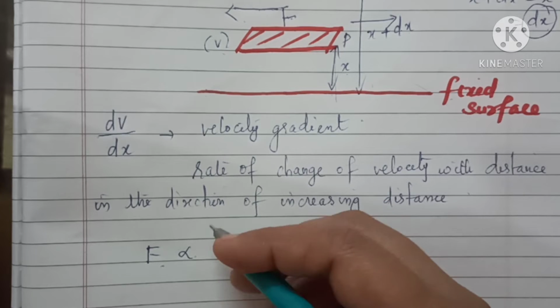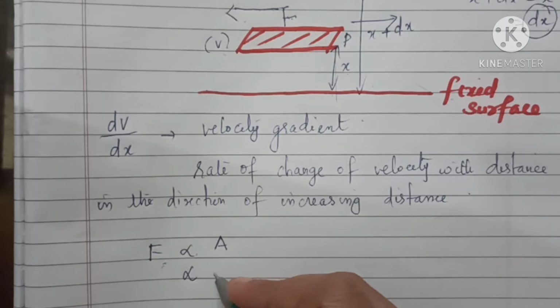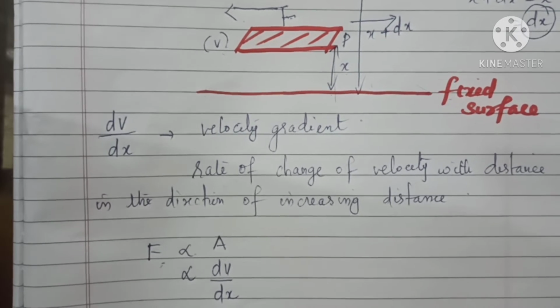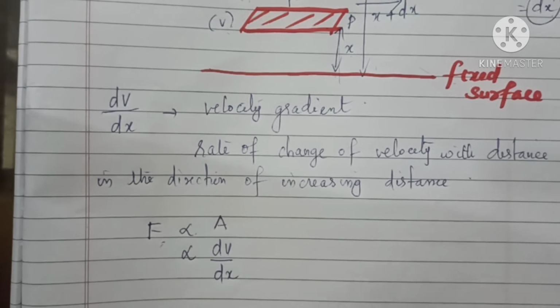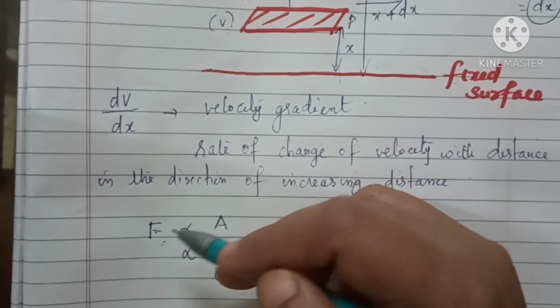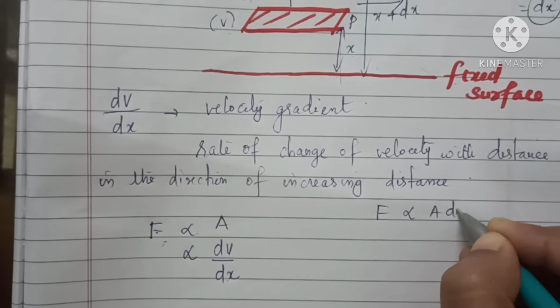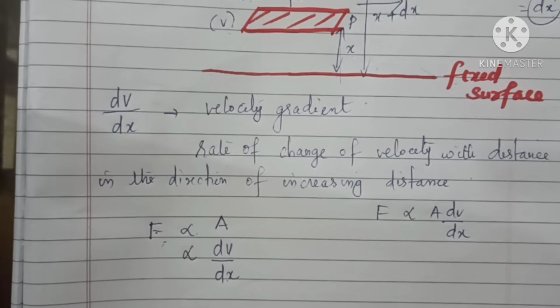Second one is, again, this viscous force is proportional to the velocity gradient. Clear? So these are the two factors on which viscous force depends. Combining these two, you will get F proportional to A dV by dx, isn't it?